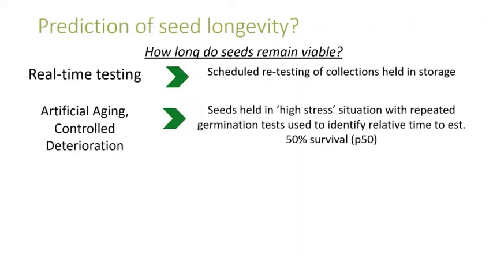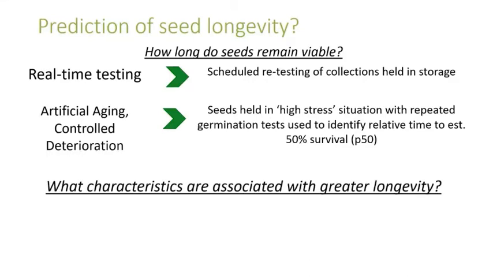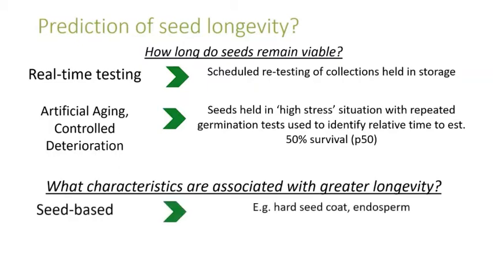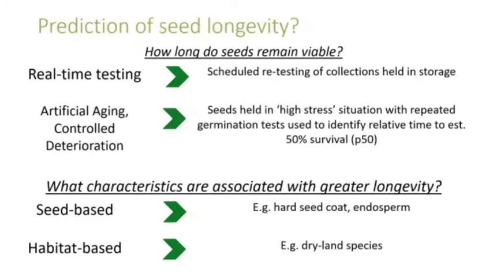Now in this case, seeds are held in a high stress situation to deliberately age them, with repeated germination tests used to subsequently estimate the relative time it takes viability to decline to 50%. That is the P50 value. But we can also look at characteristics of the seed or the species as a predictor of longevity. For example, this might be seed-based, such as whether or not a seed has a hard seed coat or an endosperm, or they could be habitat-based, including species, for example, which come from dryland environments.